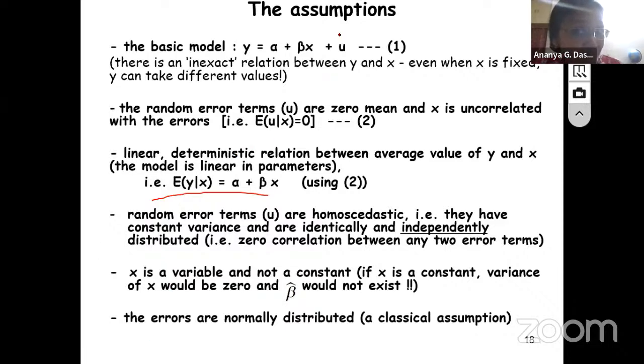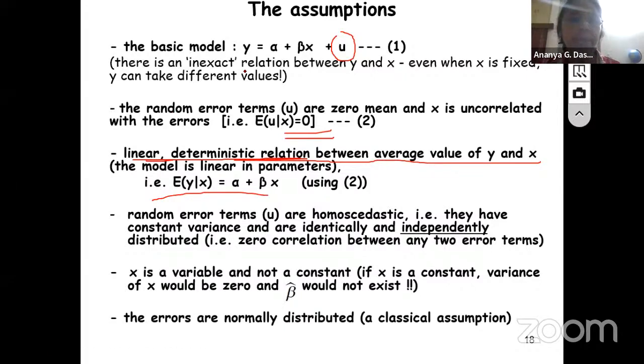Why can I say that? Because the average value of the errors given x goes to 0. So that's the first thing I can state, that there is a linear deterministic relation between the average value of y and x. So when you are estimating your alpha and beta, you're essentially talking about a relation between x and the average value of y.